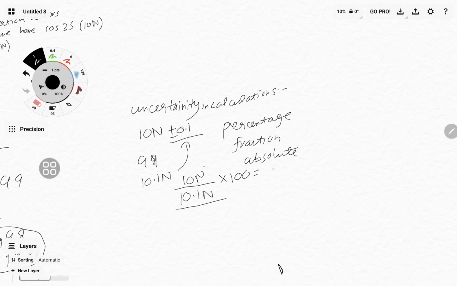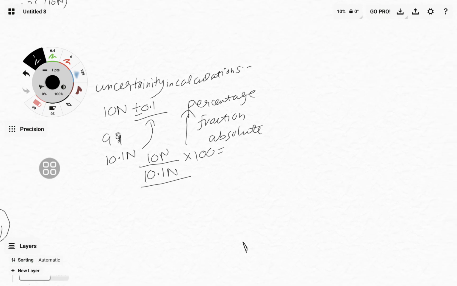So what the value comes to here is basically the percentage. Uncertainty as a fraction would be calculated, of course, in fractions. Absolute would be basically the amount of uncertainty that you will always have, which is already pre-confirmed by other people.